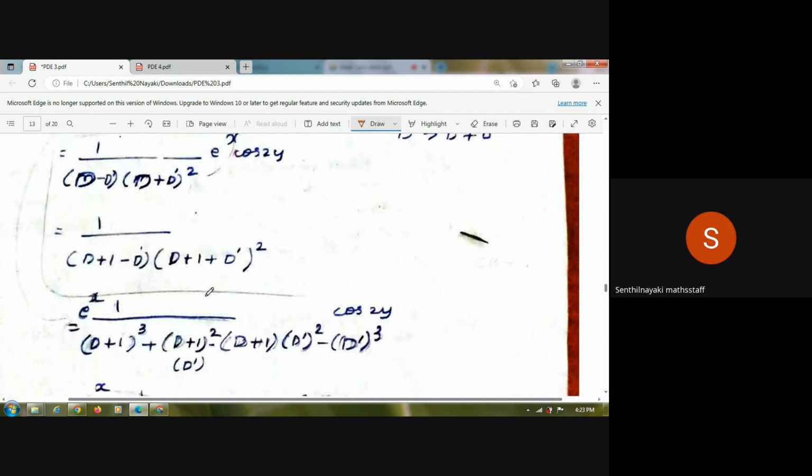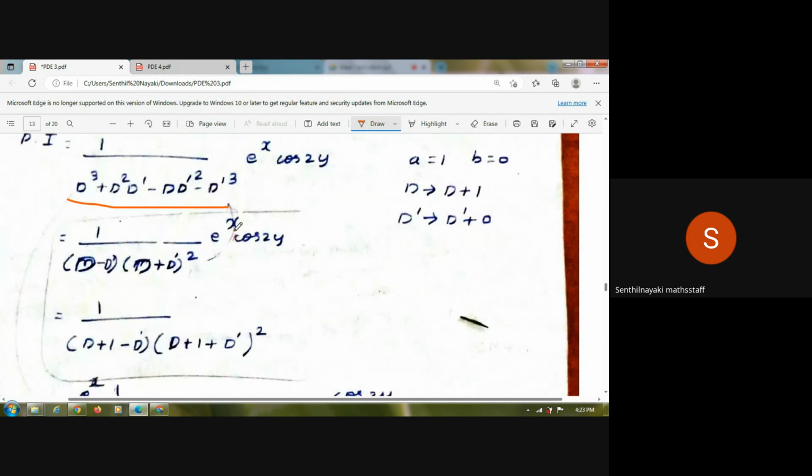Then first we have to find out particular integral for this case. So here we have e power x cos 2y.